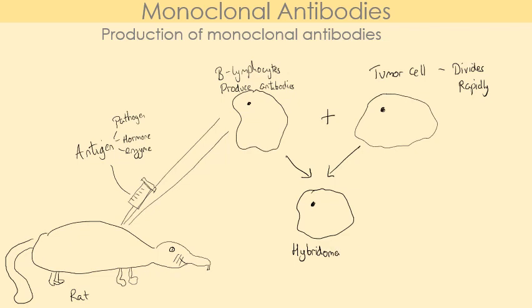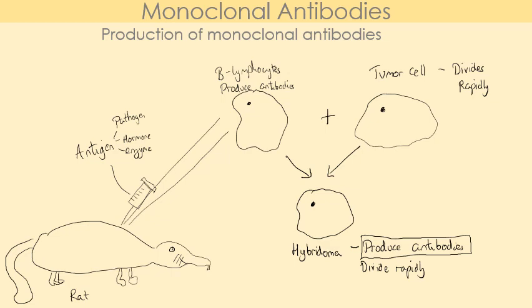A hybridoma will produce antibodies, and it will divide rapidly. All of the cells that divide from the hybridoma will produce the antibodies and will also divide rapidly. And that means we can get a large number of antibodies very quickly.